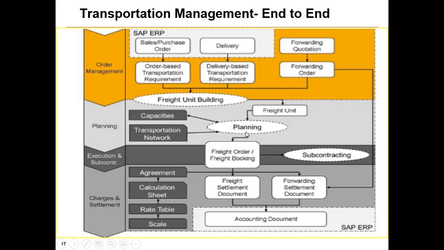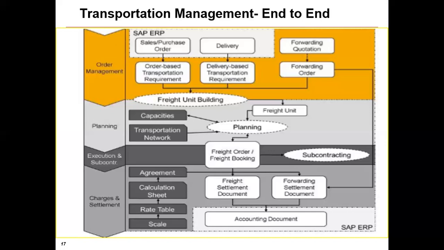Now, this planning box also has a bidirectional process flow with the freight orders. Why? Basically, we create freight orders based on a single freight unit or a number of multiple freight units, right?